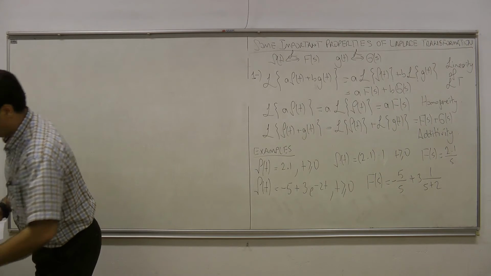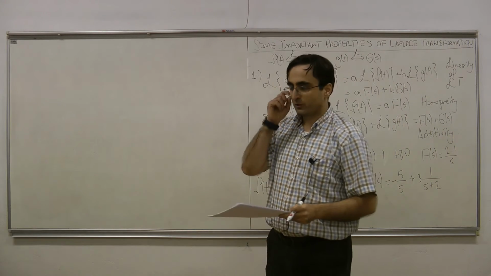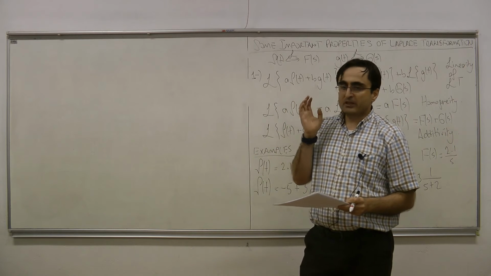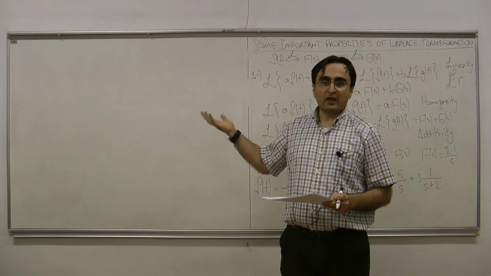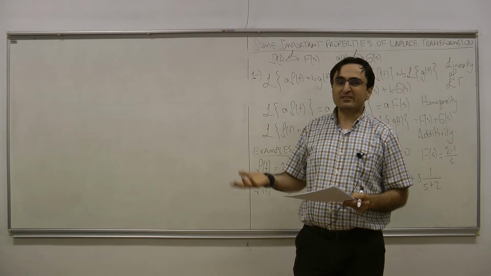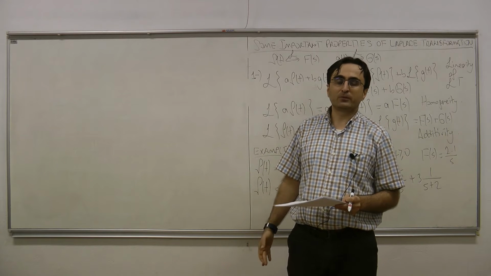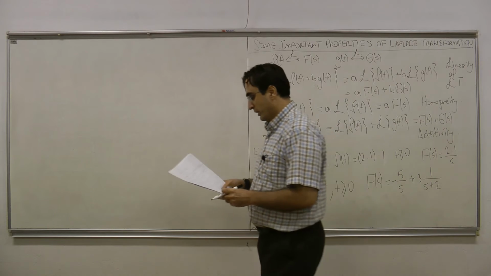The second property is probably the property that we are going to use most. You are given a function f of t, and you know its Laplace transformation, capital F of s. What would be the Laplace transformation of its time derivative? So we will be asking this question.